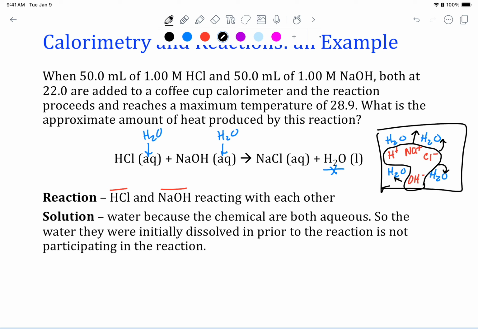So our solution is the water from those aqueous solutions. Because the chemicals are both aqueous, they contain water that is not the water in the product. So the water that they are initially dissolved in prior to the reaction, that water is not participating in this reaction. So whatever is not participating in that reaction is going to be what the solution is.